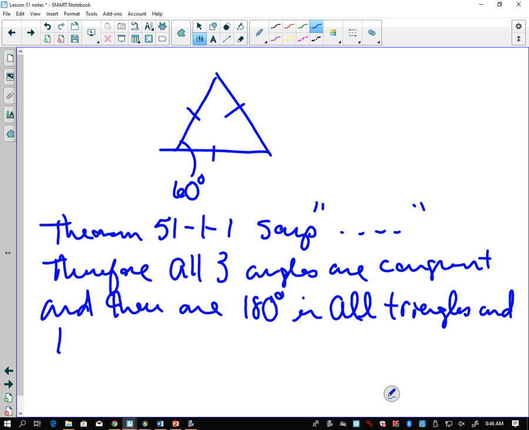And 180 divided by 3 equals 60. Therefore, 60 times 3 is 180, right? All 3 angles are congruent. You see how we can do this?